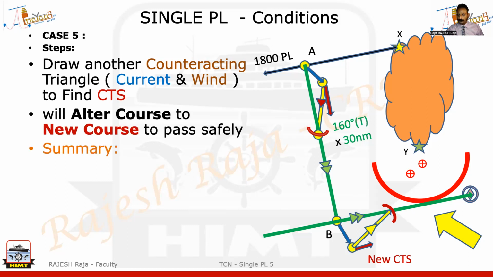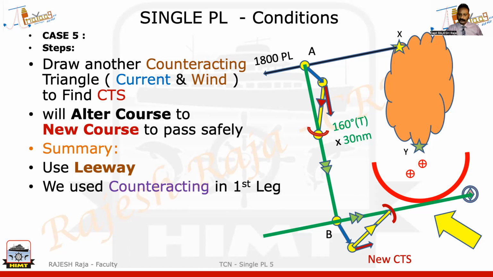Let us quickly look at the summary, just like we did earlier in case number 4. The big difference here is I've been using leeway, so both CTS have to counter or cater for the leeway also.